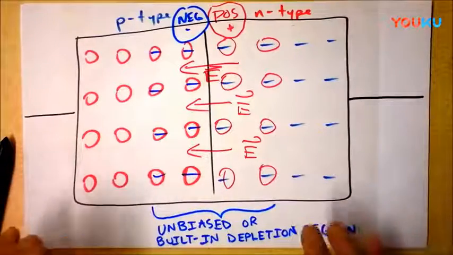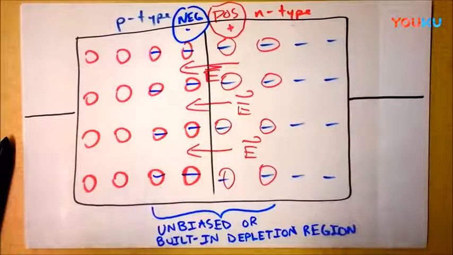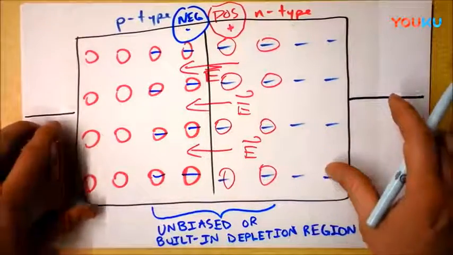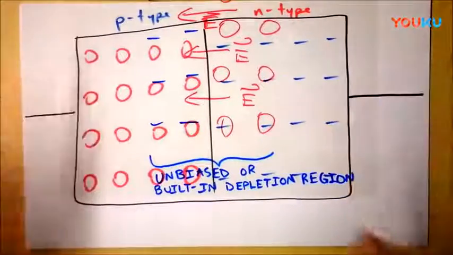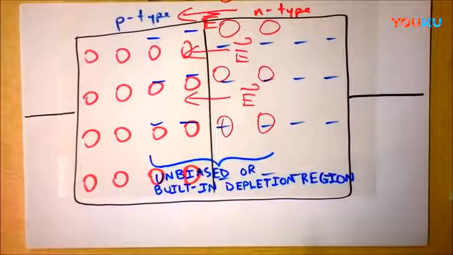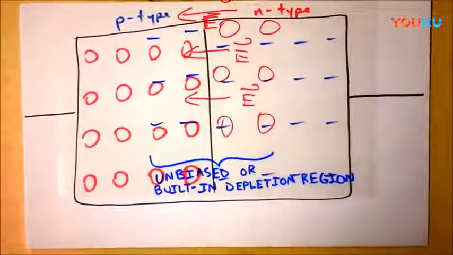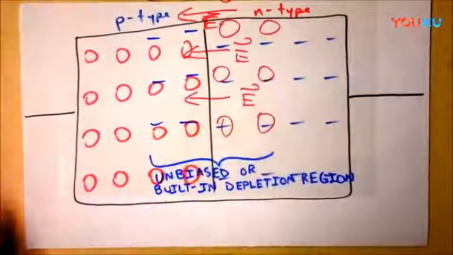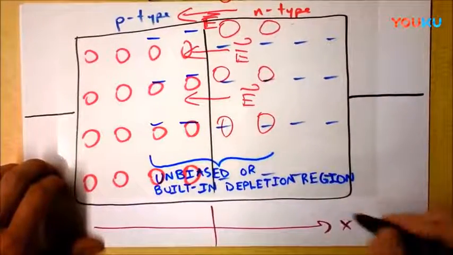And we could talk about the Fermi level, and we could talk about the Boltzmann temperature, but what I want to do very, very, very quickly is talk to you a little bit about the potential difference. If you've got an electric field that's pointing to the left, that means the potential must be decreasing as you go to the left. So I'm going to make a graph of potential as a function of distance.